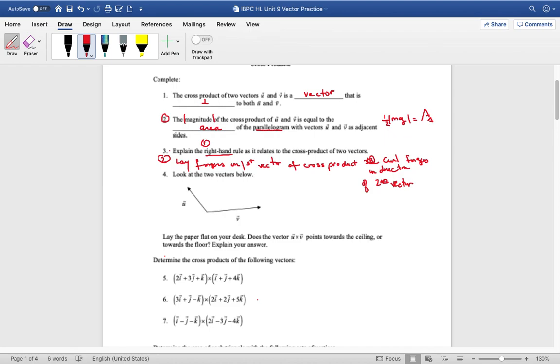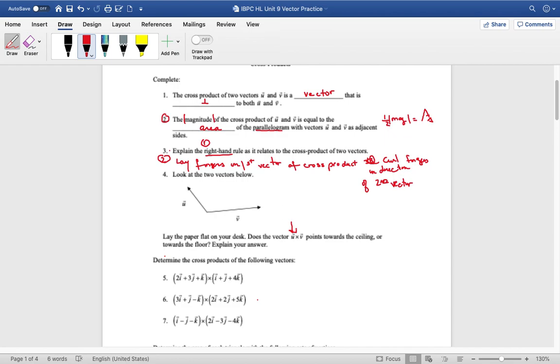So for number 4, when they ask you to look at the two vectors below, u and v, and if you put the paper down flat, they're asking you, does the vector, and before I finish reading, right, I want to make note of which is the first vector, u. So lay your fingers on u, and if you lay your fingers on u with your pinky down on the paper, your thumb would point up at the ceiling, but you couldn't curl your fingers towards V, right? You couldn't do that.